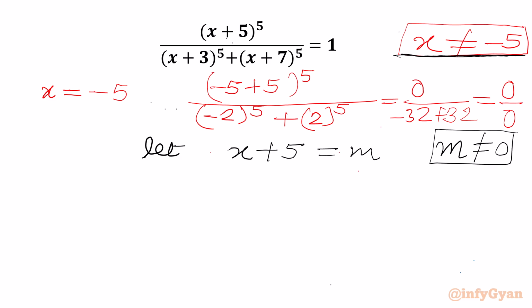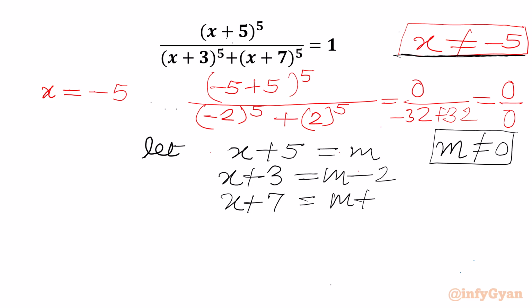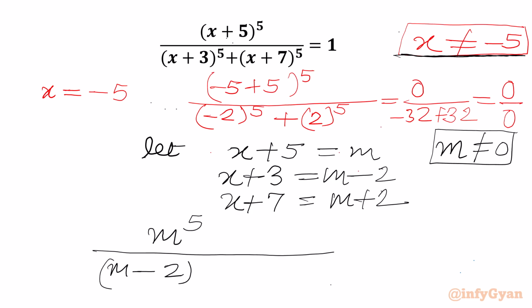If x plus 5 is m, then x plus 3 we can write m minus 2, and x plus 7 will be equal to m plus 2. So our equation in m would be m^5 over (m-2)^5 plus (m+2)^5 equal to 1.